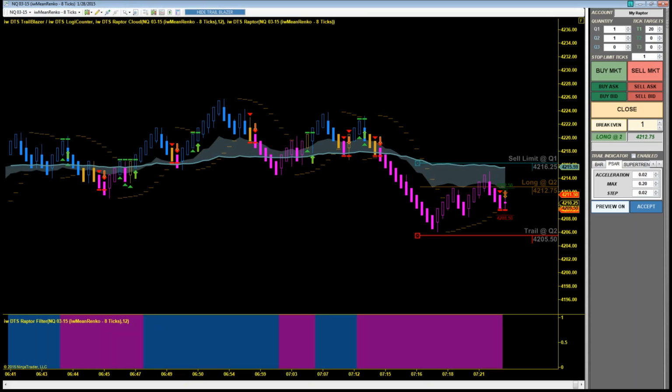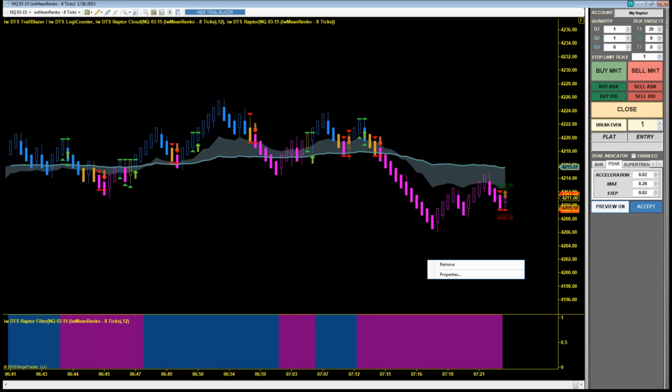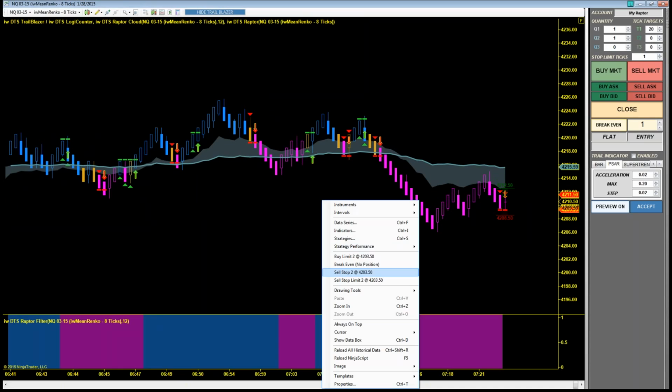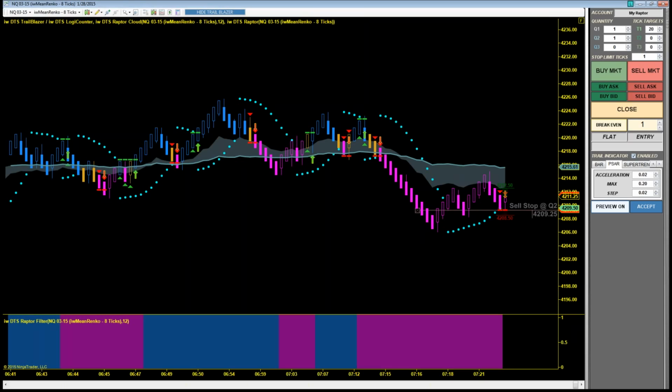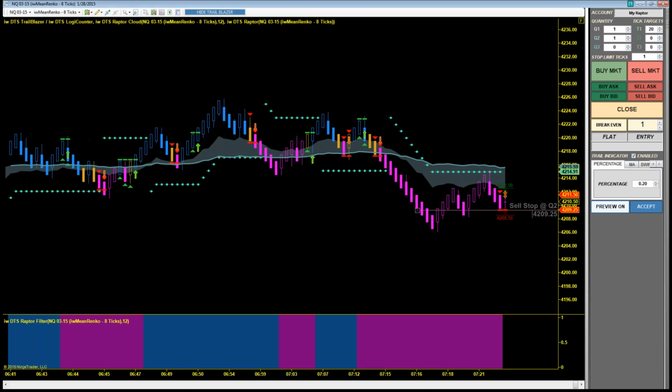Like I said, they're fully customizable. Oh, we're actually getting a sell signal here on the Raptor now, coming out of the Raptor band. And you see we got our warning dot, we got the audio alert, we have the triangle and hash marks telling us that this is a sell signal. So if I wanted to sell the Raptor, I would enter my order and roll it in to where I want it to be.